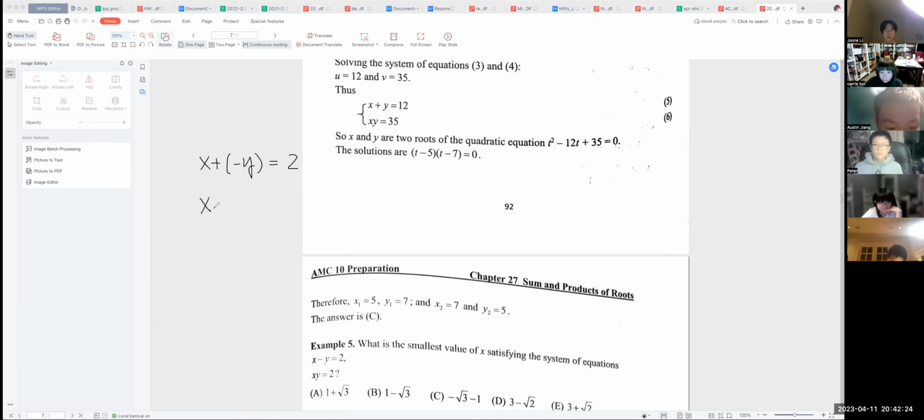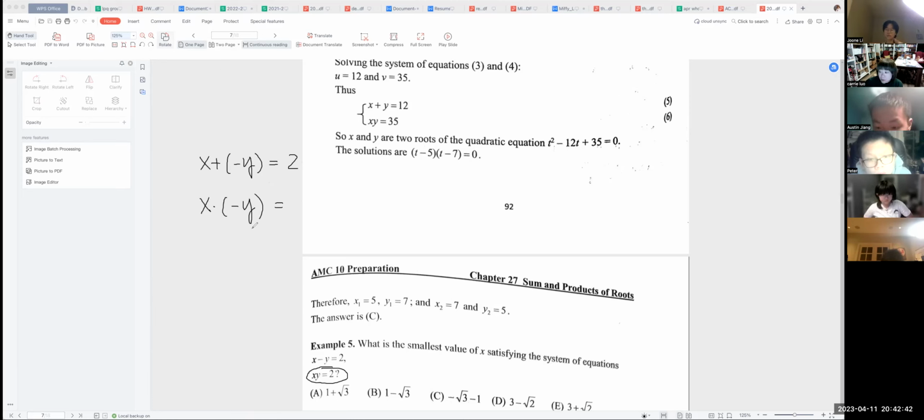Okay. So Peter, x times negative y equals what? Can you tell me? x times y equals 2. x times negative y equals what? No, xy equals 2.